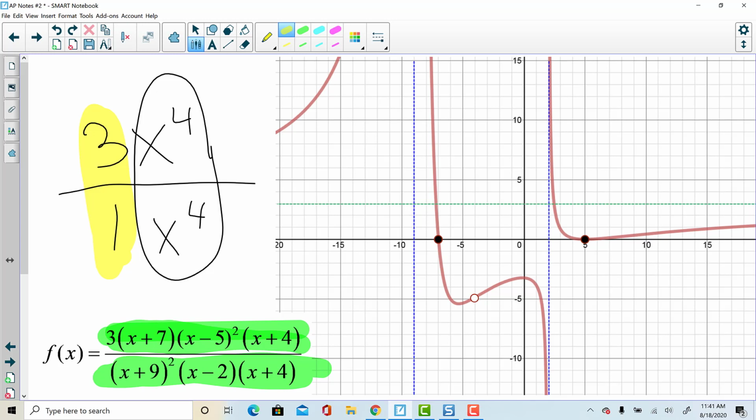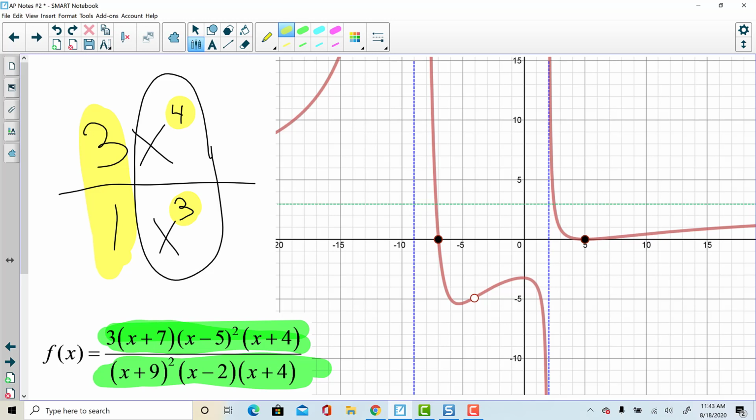So let's look at what that would look like. If it was like this, you can see x to the 5th on the bottom is bigger. In that case, you get y equals 0 for your horizontal asymptote. If it was like this, then you would have no horizontal asymptote. However, you would have a slant asymptote, and that's because the degree on the top is exactly 1 bigger than the degree on the bottom. In that case, you'd have to do long division.